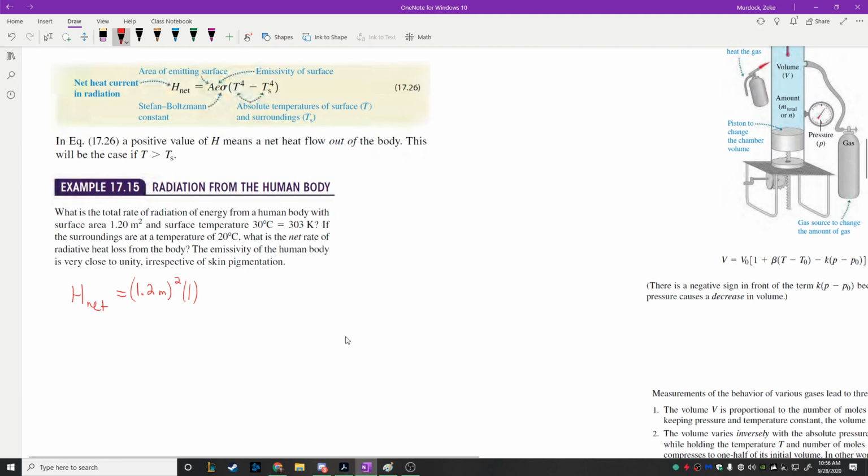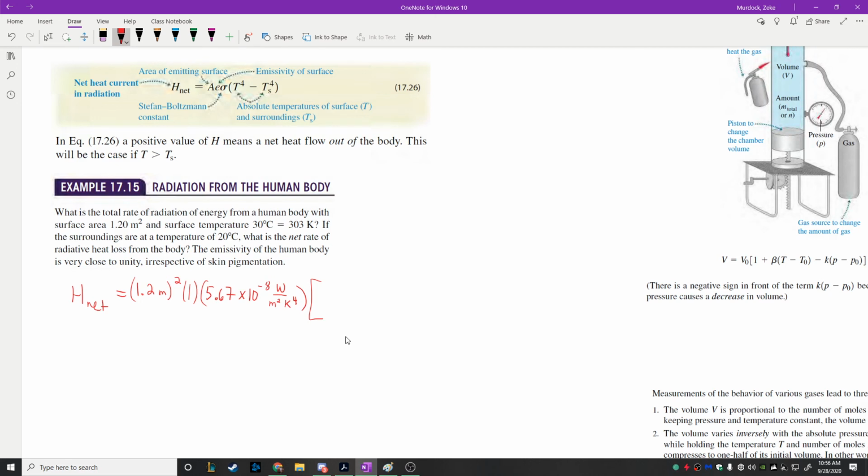Sigma, which was something like 5.67 times 10 to the negative 8. And the unit was watts divided by meters squared, and then divided by Kelvin to the 4th power. And then we need to multiply this by the temperature difference to the 4th power.